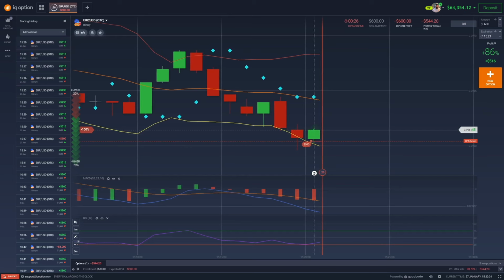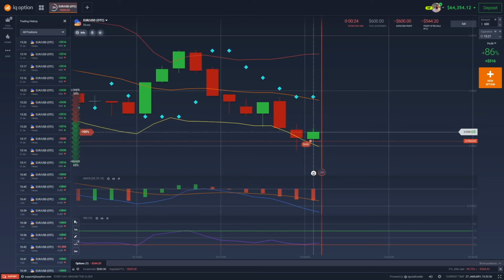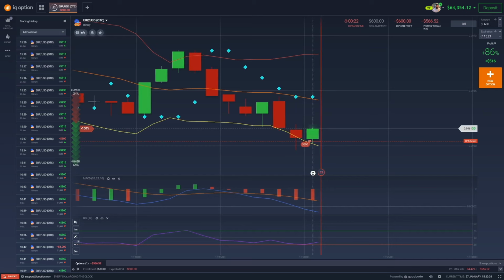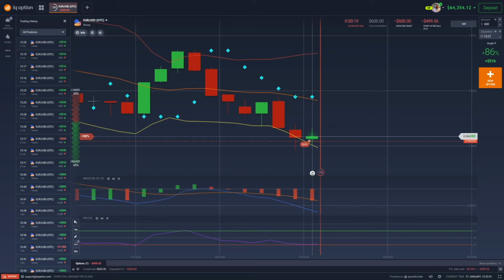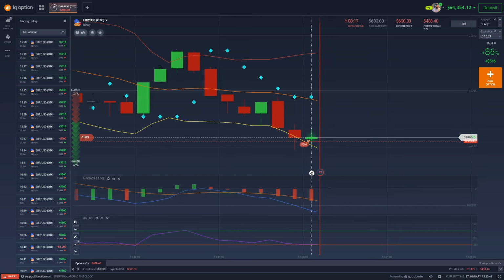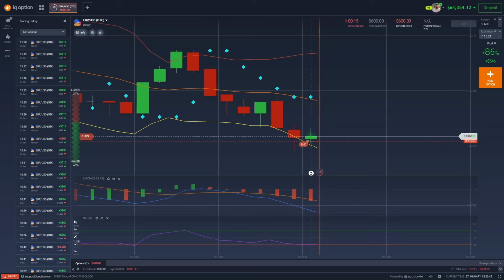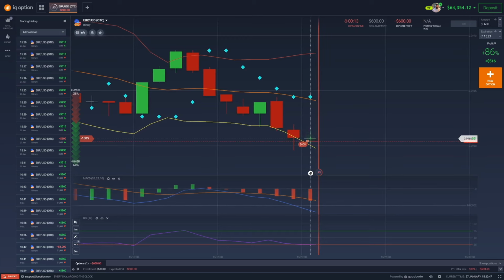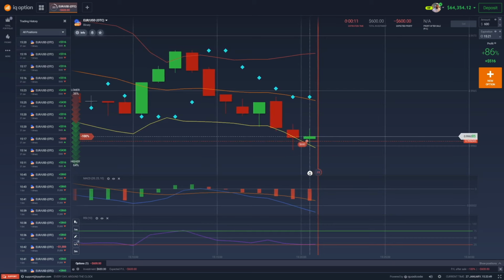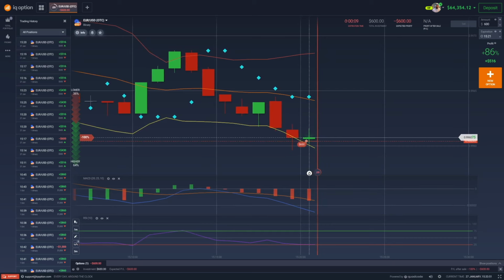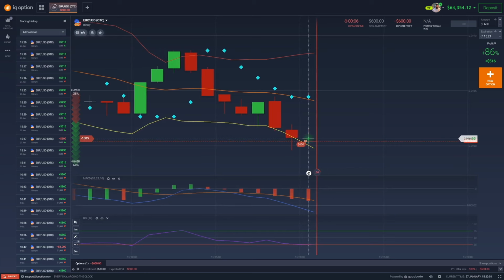So, guys, a good risk management method, implement it into your strategy. Never risk more than a small percentage of your trading capital on a single trade. For example, if you have $10,000, just trade with $100 maximum.